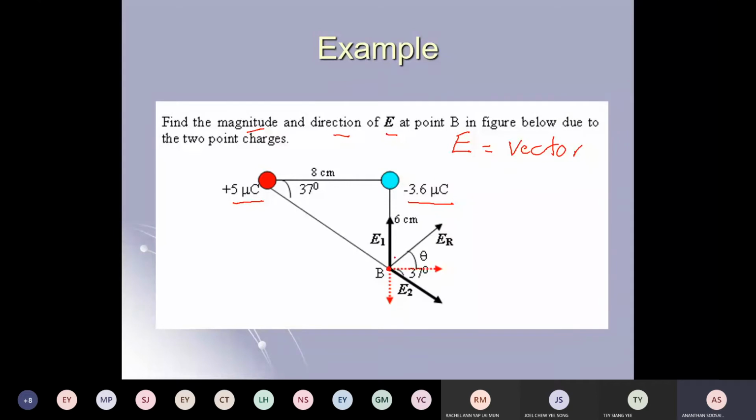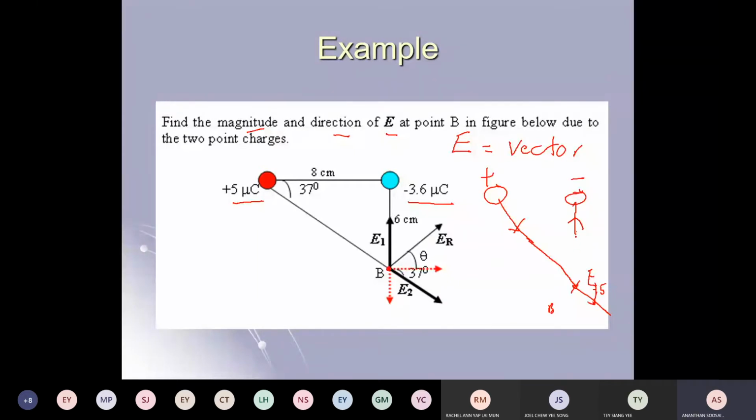So you have a positive here and a negative here, and you want to find the field at B, at this point. For the positive, the field is going outward, therefore the field here is going in this direction. For the negative, the field is going inward.